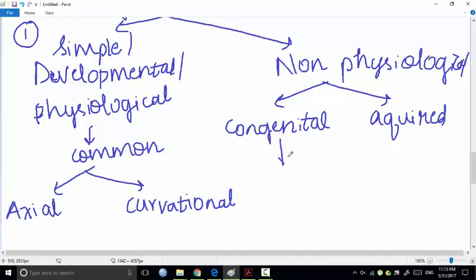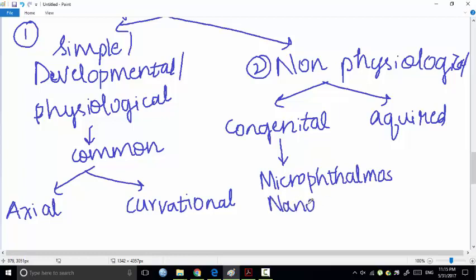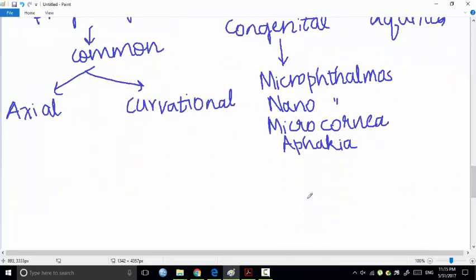First, congenital. In congenital there are many types, like microphthalmos, that is small eyes, nanophthalmos, very small eyes, microcornea, which is small cornea, aphakia, absence of lens, or posterior subluxation of lens.